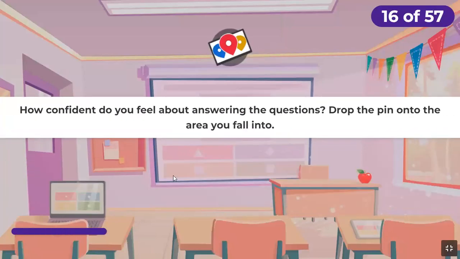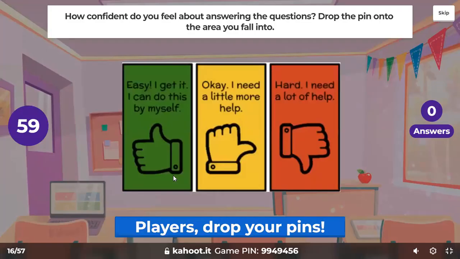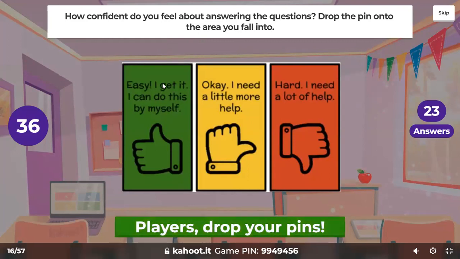Now, drop the pin. How confident do you feel about answering the questions that I've given you? Drop the pin onto the area you think you fit into. If you answered most of the questions correctly, or maybe answered wrongly but you still understand, you should fit here.